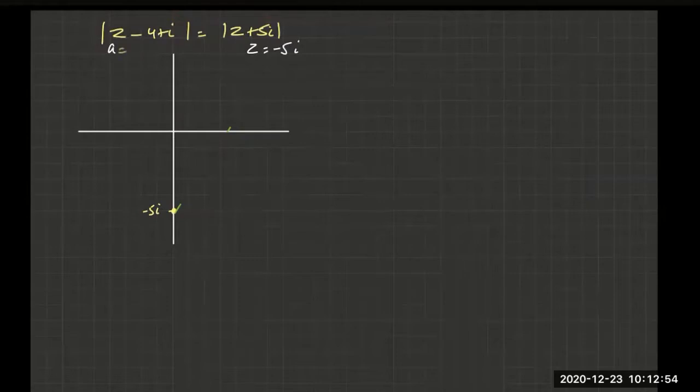A was 4 minus i. So A is 4 minus i and B is 5 minus 5i. 4 minus i यहाँ पे आएगा, and now I'm trying to draw the perpendicular bisector of this.